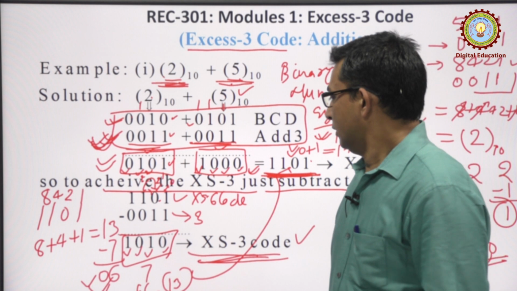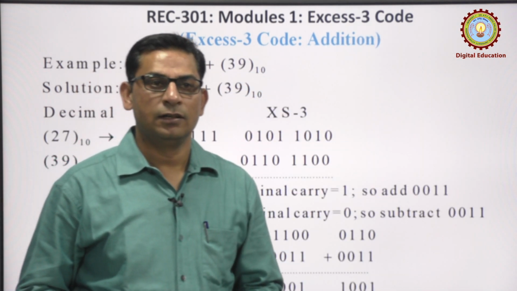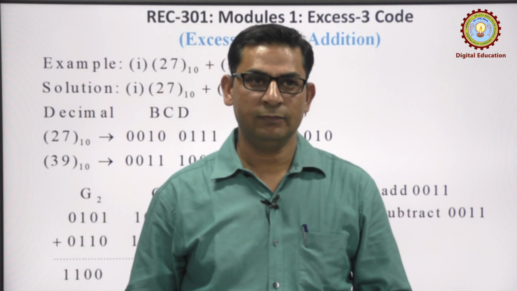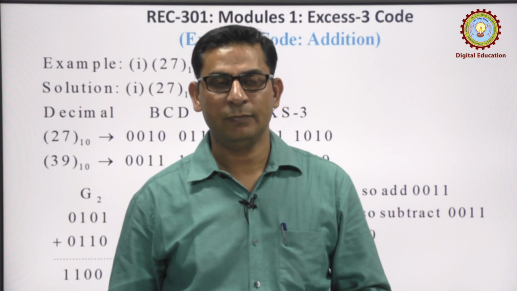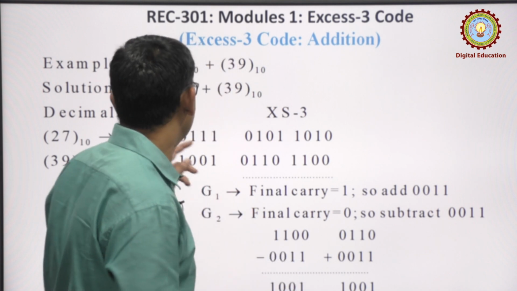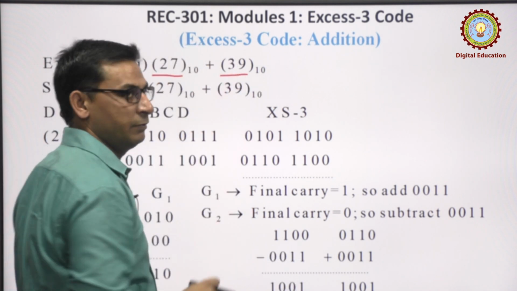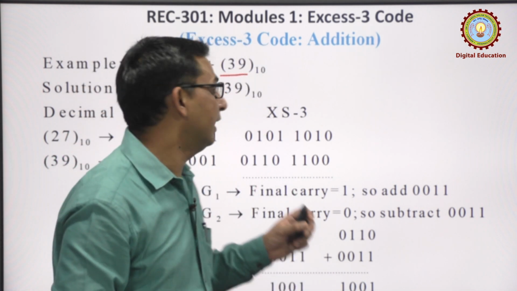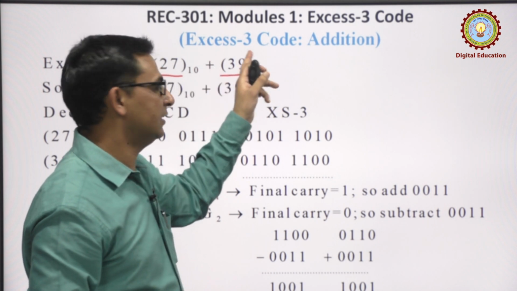So, I hope you understand this question. Because this is the addition of 2 decimal numbers using Excess-3 code. In this example I have taken 2 decimal numbers, and I want to discuss the addition of these two numbers using Excess-3 code.